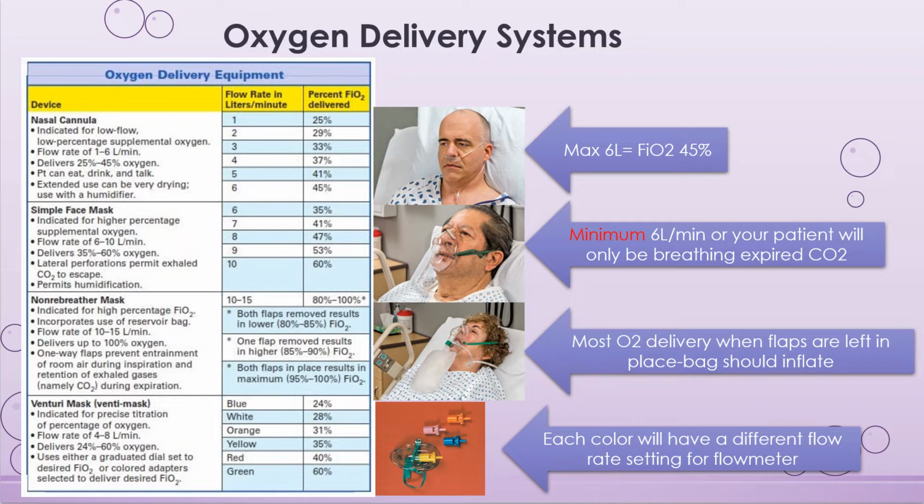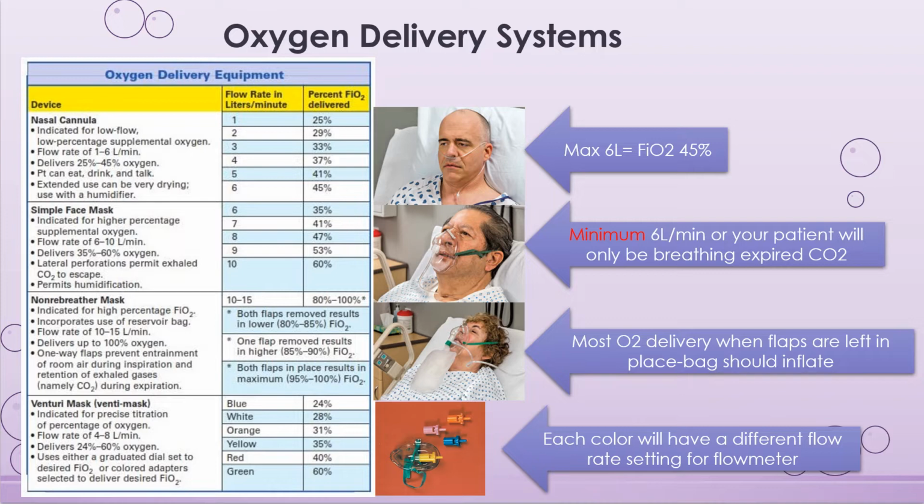So remember, room air at sea level, like if I'm living in Rhode Island, we live at sea level, that's approximately 21% FiO2. So you and I sitting in Rhode Island during the summer, we're breathing about 21% FiO2.